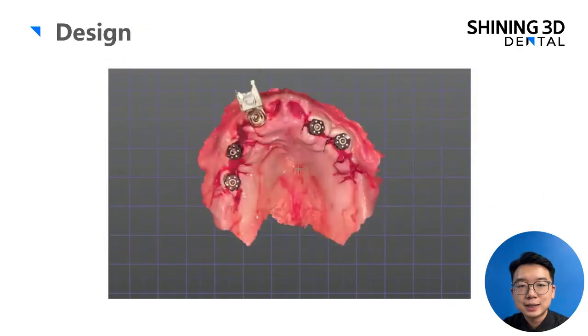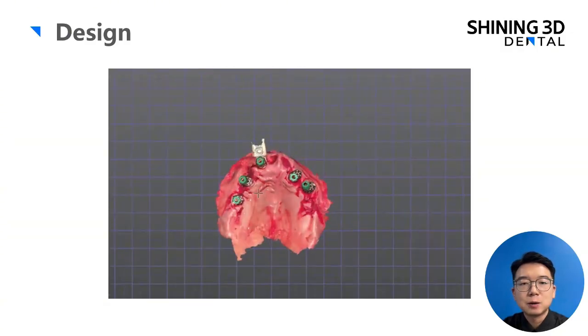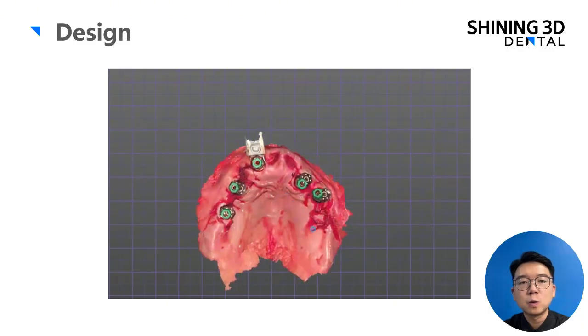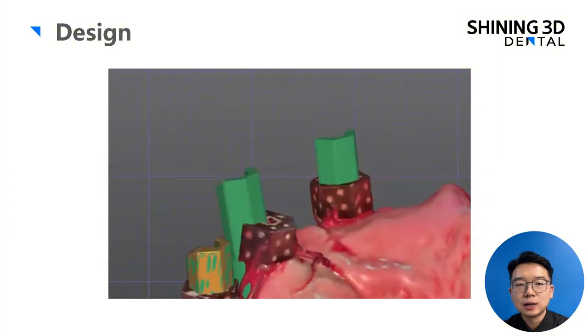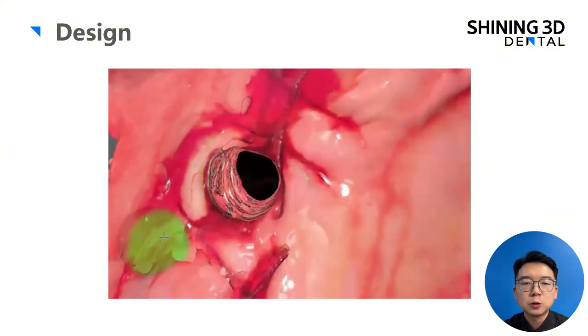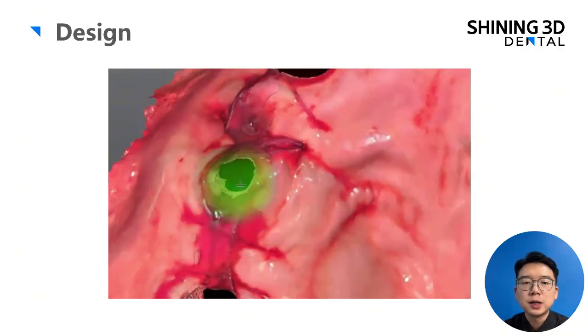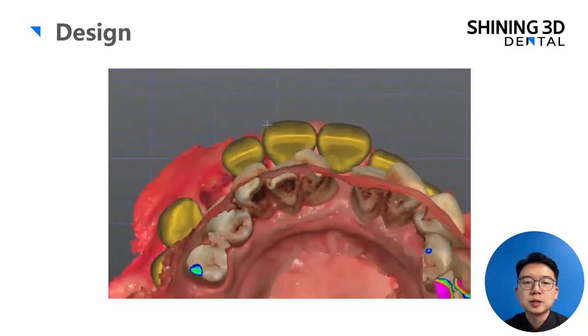This is a step of the actual design process for this case. Once we import all the data, the pre-aligned data and also the soft tissue, the bite, the jaw relationship, and the implant position will be automatically transferred to this design stage.